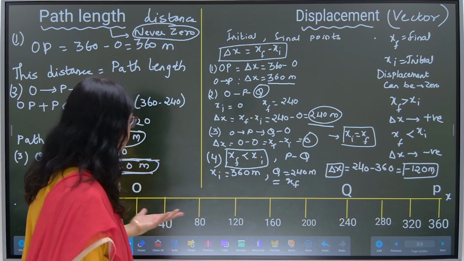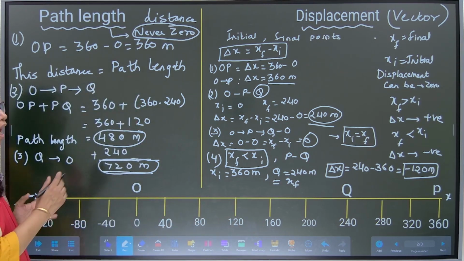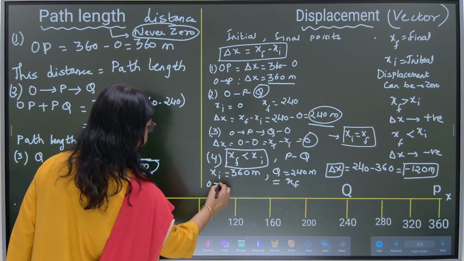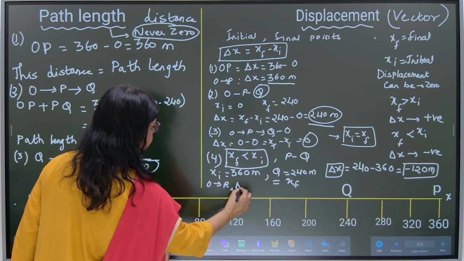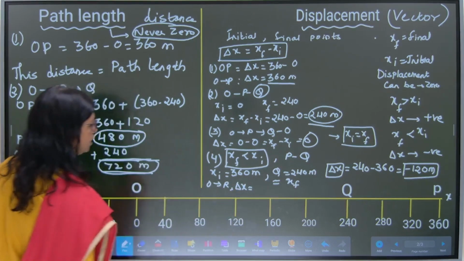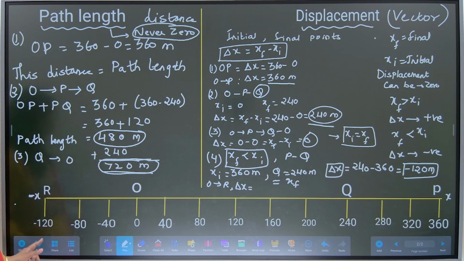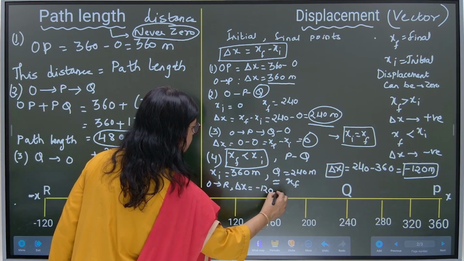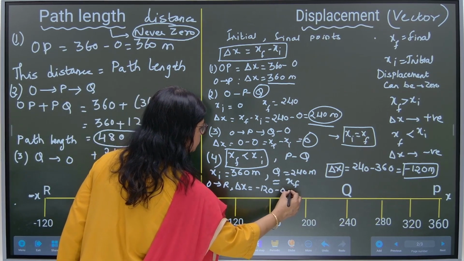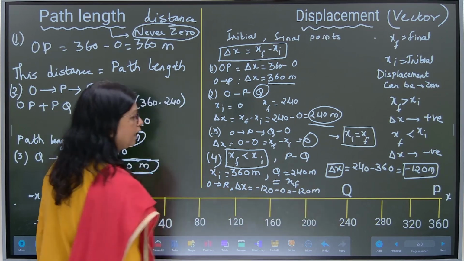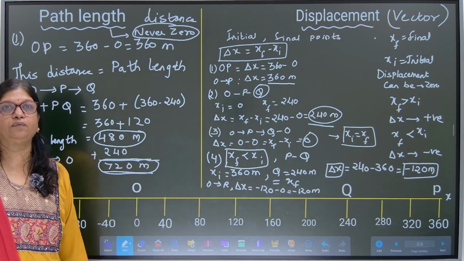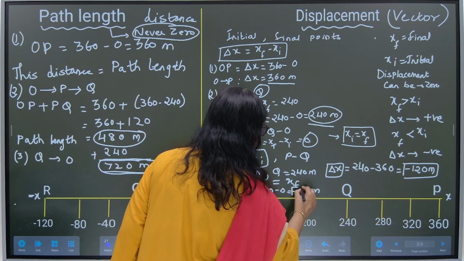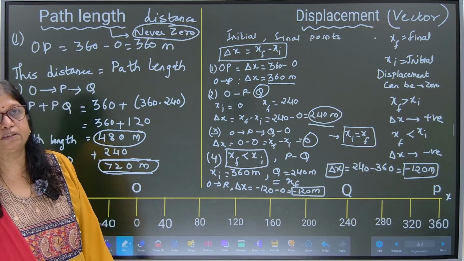Similarly, we can even go from O to R. What is my delta x? My delta x is final position minus initial position. What is my final position? Negative 120 minus initial position 0. So what is my answer? Negative 120 meters. I have just taken an example so that we can even go to the negative x direction. What does it mean?